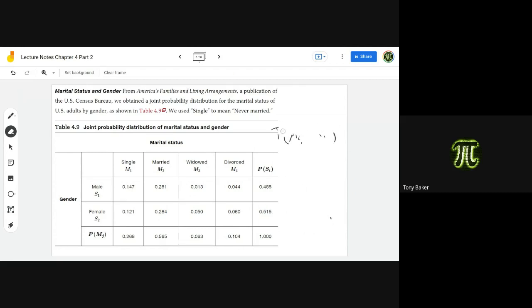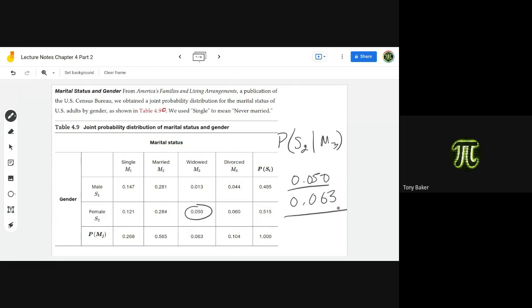We're given that they're widowed, right? So that's M3. And we want female. So that's the 0.050 over the 0.063. And what does that equal?